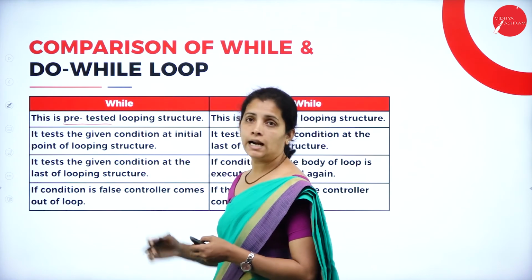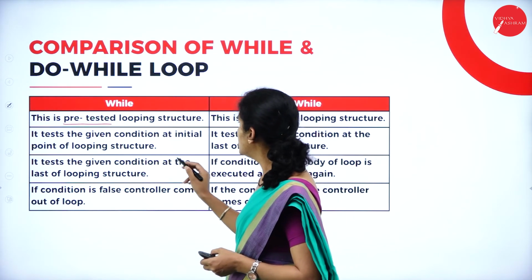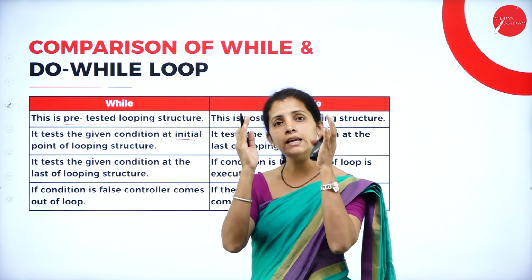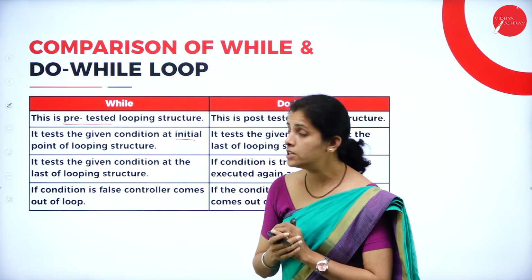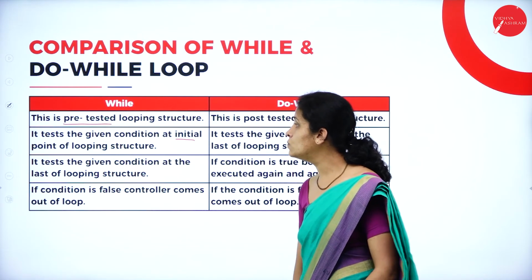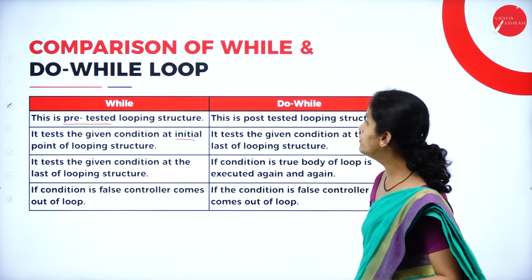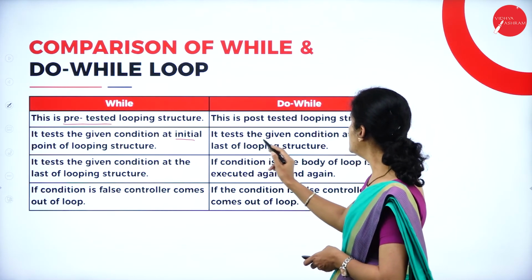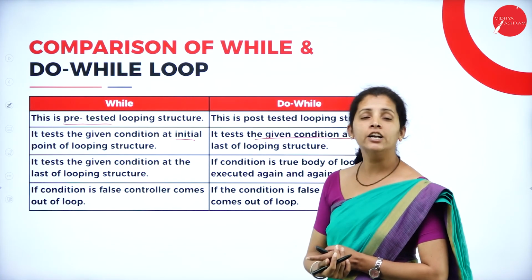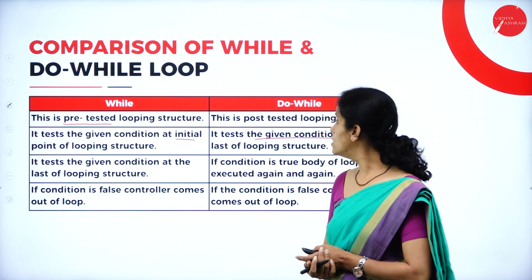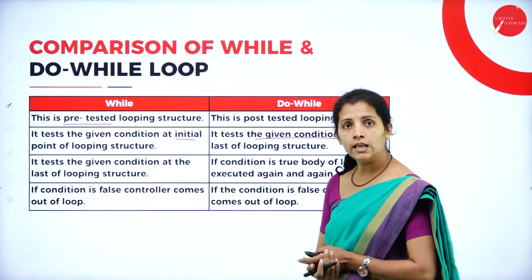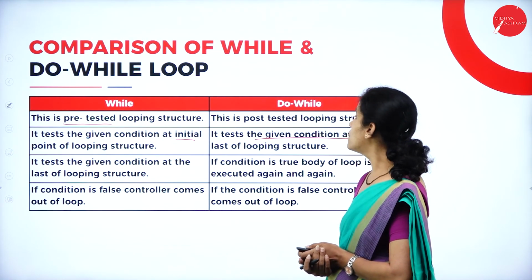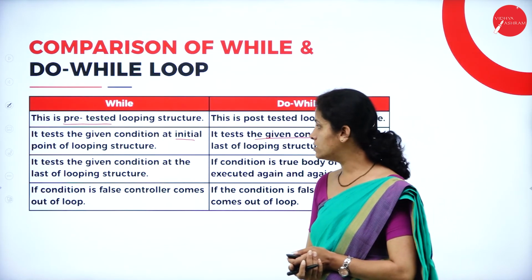In my while loop, at the beginning, that is the initial point of the looping structure, I'm going to check the condition. For that reason, it is known as the initial point of the loop structure. And in do while, I'm going to check the condition at the end. For that reason, it is known as the last of the looping structure.